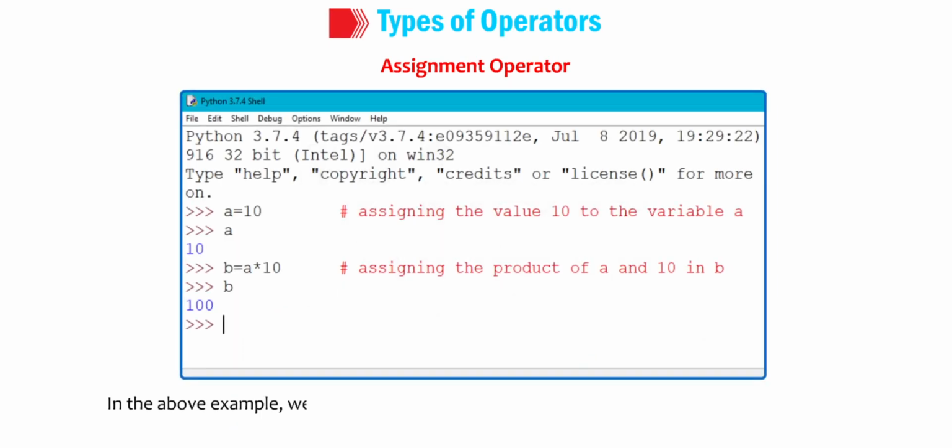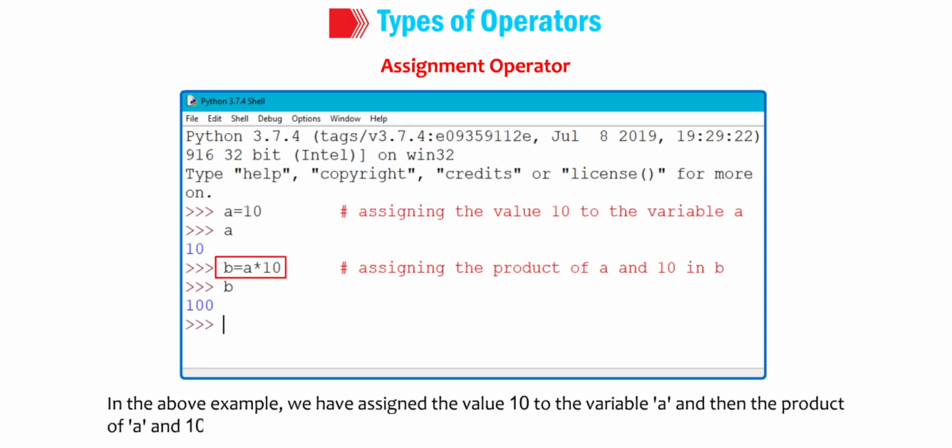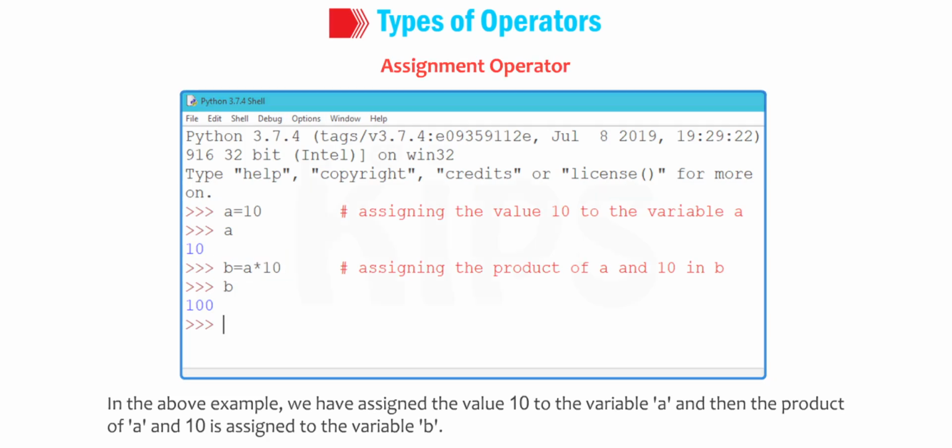In the above example, we have assigned the value 10 to the variable a, and then the product of a and 10 is assigned to the variable b.